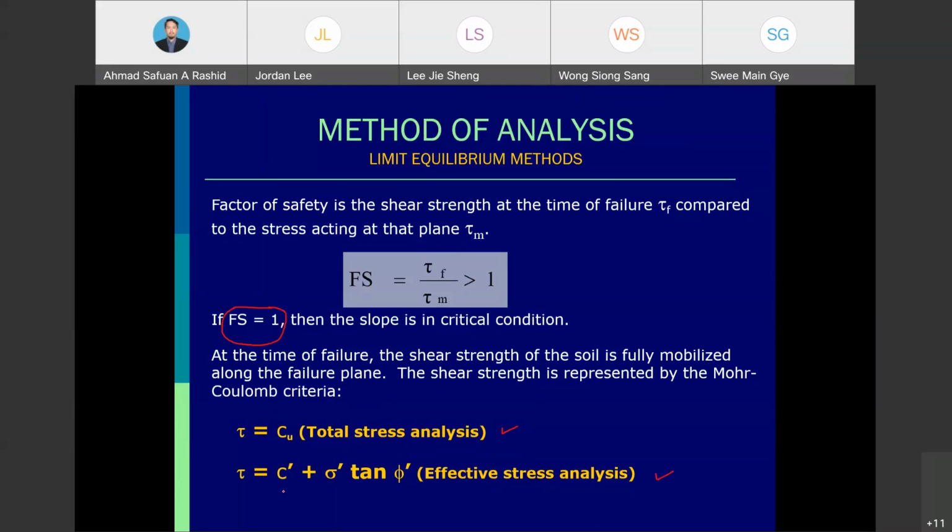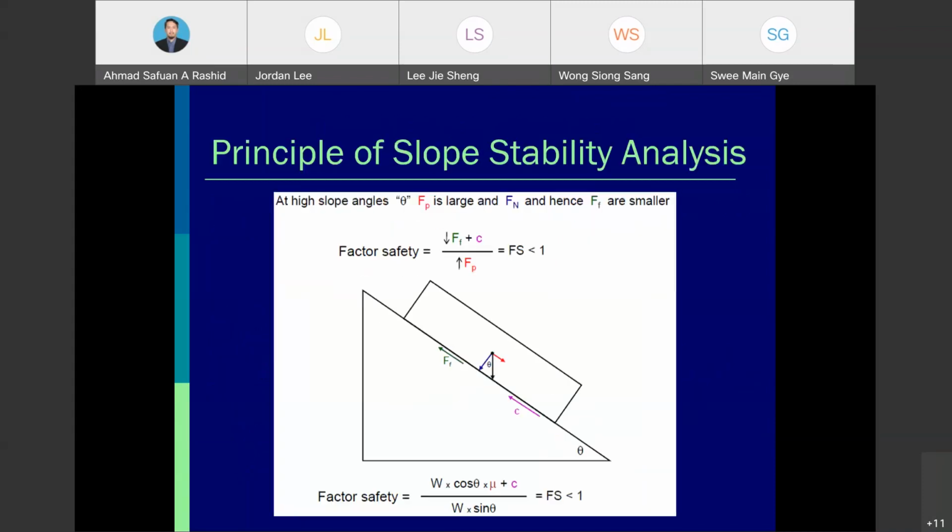The safety factor for the previous few slides is the resistance over the driving force: W cos theta times mu plus C divided by W sin theta.